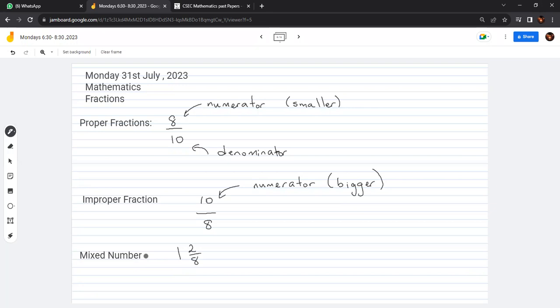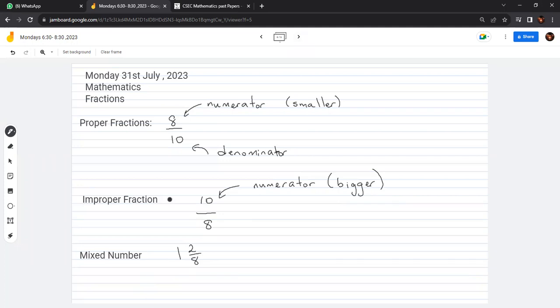We need to know how to change between improper fractions and mixed numbers, because when it comes to mathematics and fractions at the CSAT level, we are going to need that working.